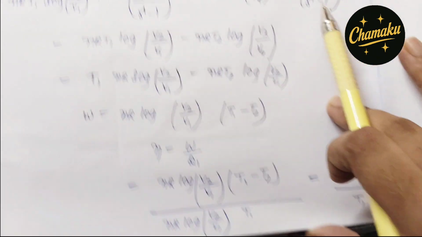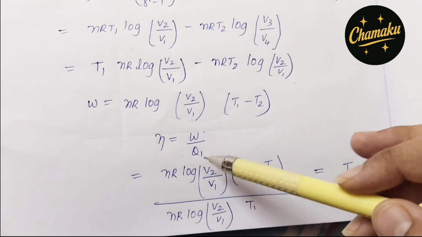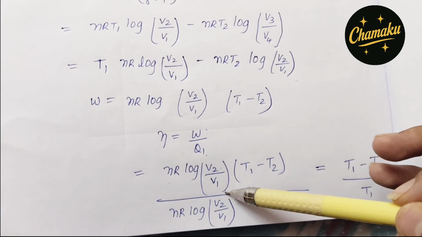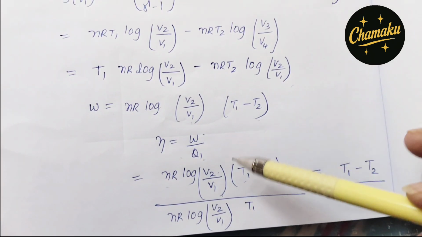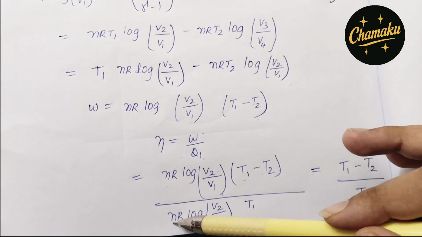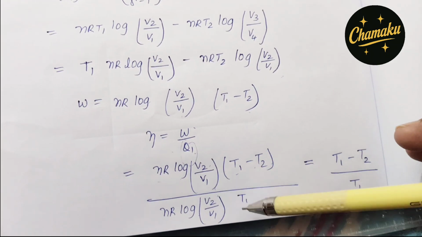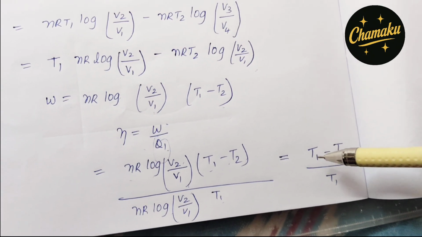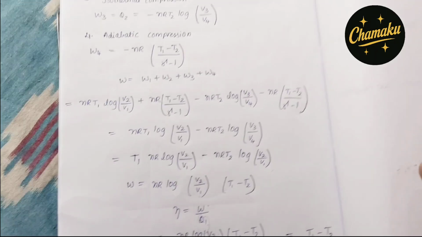Therefore efficiency is equal to work done by Q1, which is equal to nR log V2 by V1 times (T1 minus T2), this is the work done equation, by nR log V2 by V1 times T1, this is the Q1 equation. So therefore efficiency is equal to T1 minus T2 by T1. So this is the Carnot engine derivation.